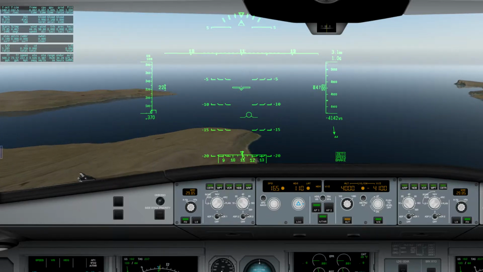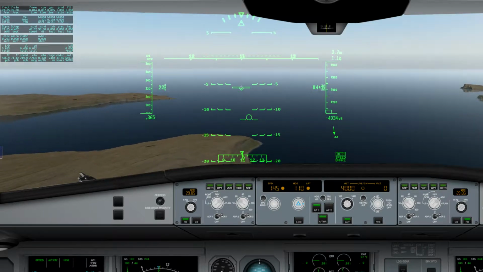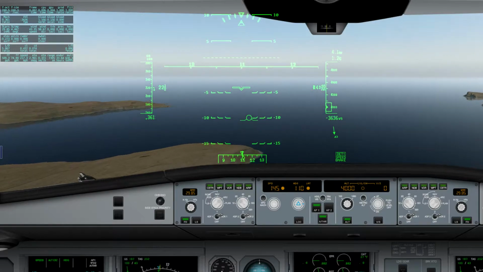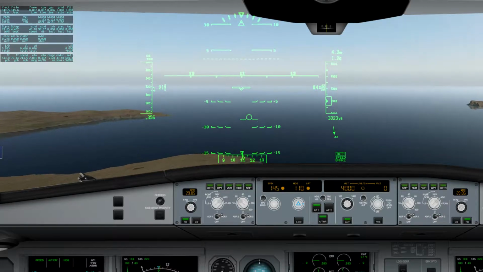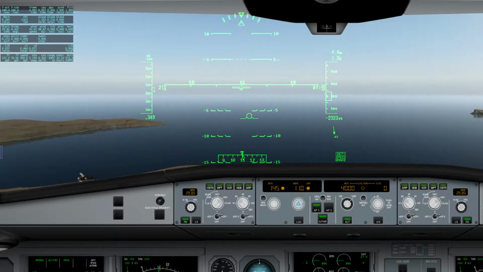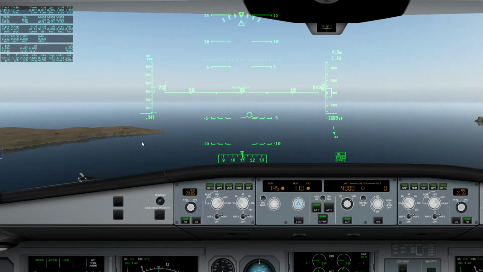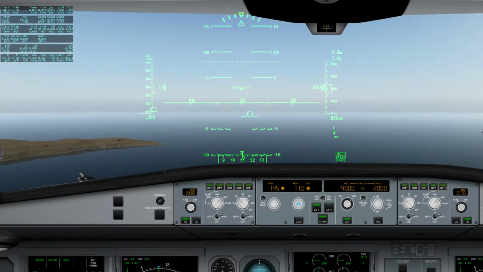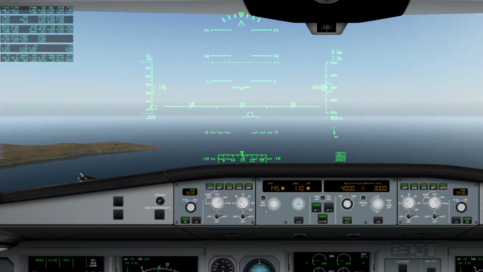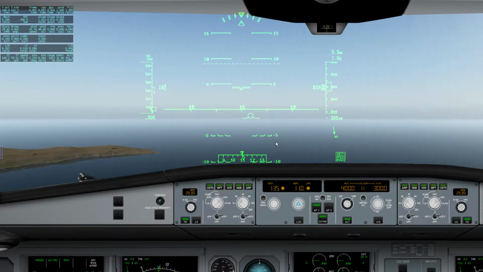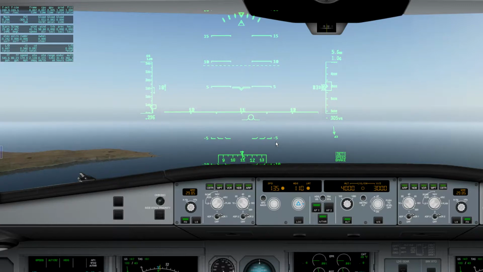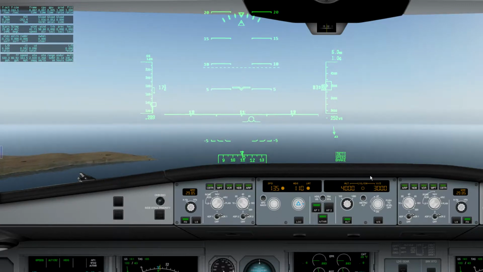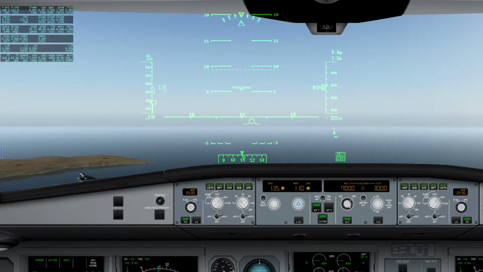We're going to level off and bleed off a little bit of speed. Right, so now I'm going to put the plane at about 130 knots and we're going to make a steep climb back to 8,000 feet.